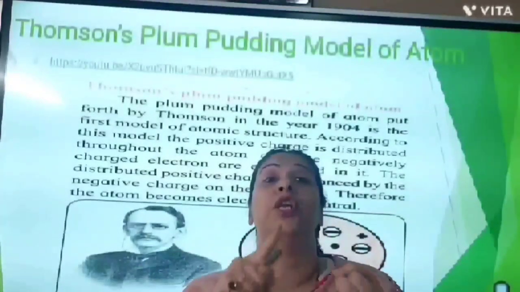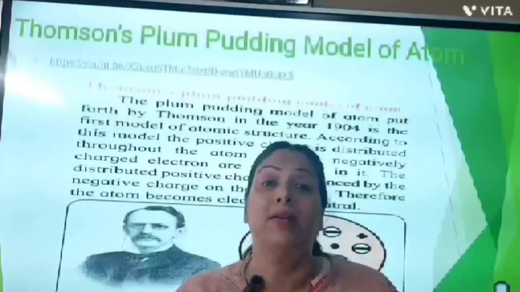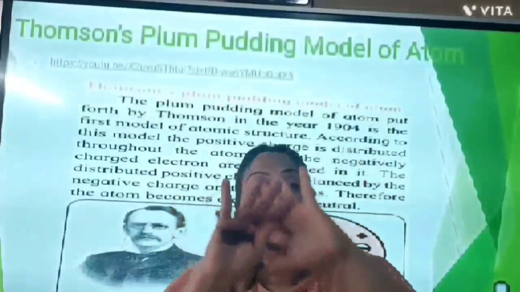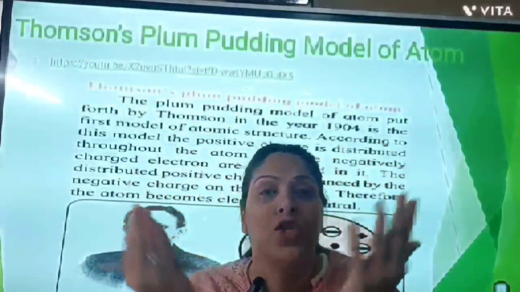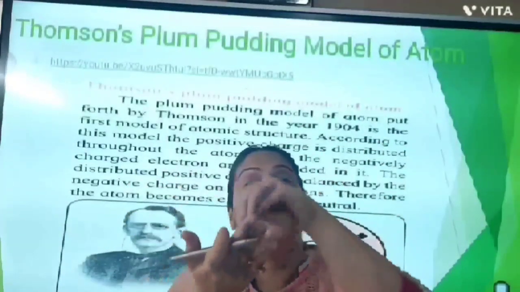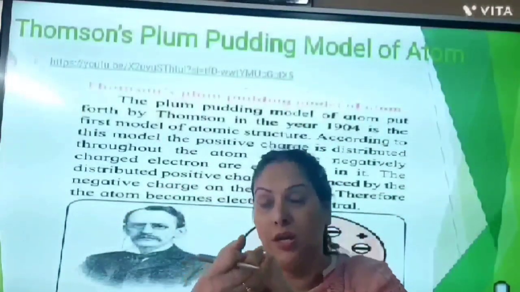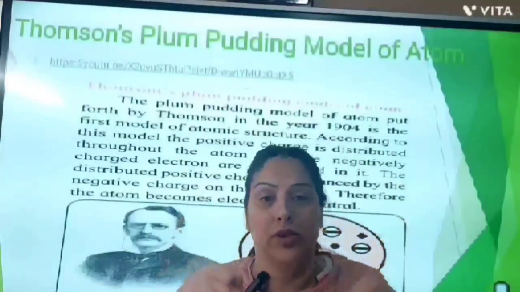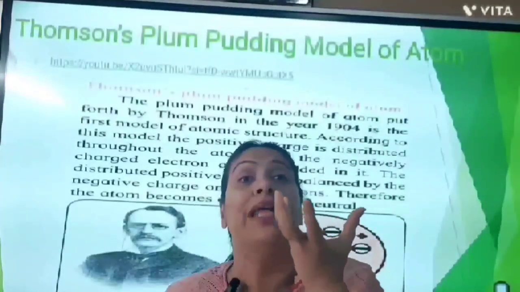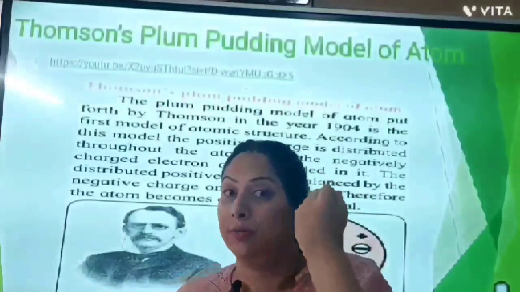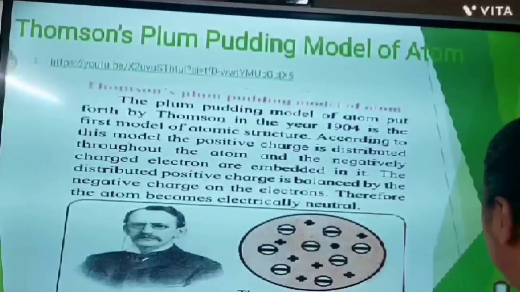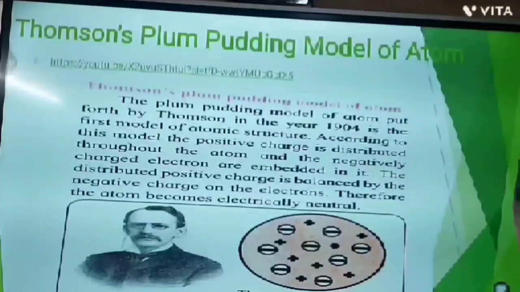Positively charged protons, neutrally charged neutrons, and negatively charged electrons. Okay, all this is there, but what does it look like? What is the arrangement? Where are the positively charged protons and the negatively charged electrons? Let's look at it. He wanted to find the atomic structure. So here, before we read this, we can go for another video too.